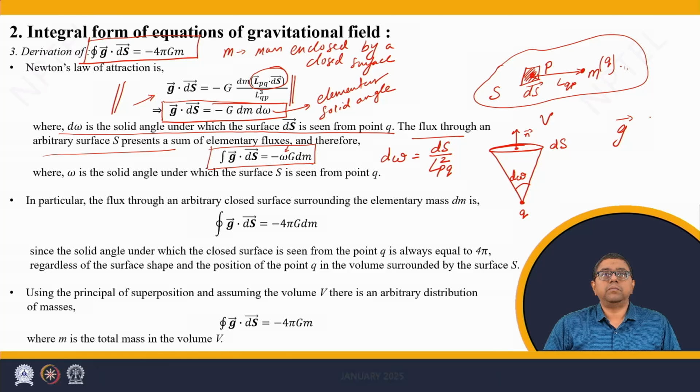L_PQ by L_PQ cubed gives essentially 1 by L_PQ squared multiplied by dS, that is substituted as dΩ, which is then integrated over the entire surface area to get Ω. Thus, the total flux, that is the integral g dot dS, is minus Ω g dm.